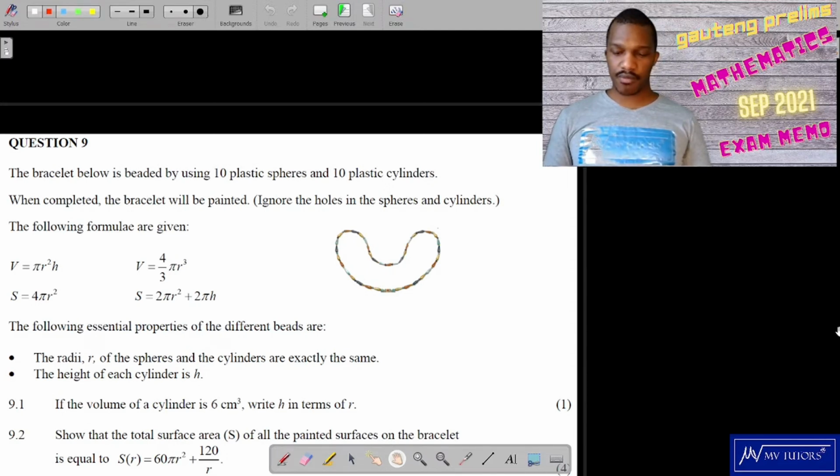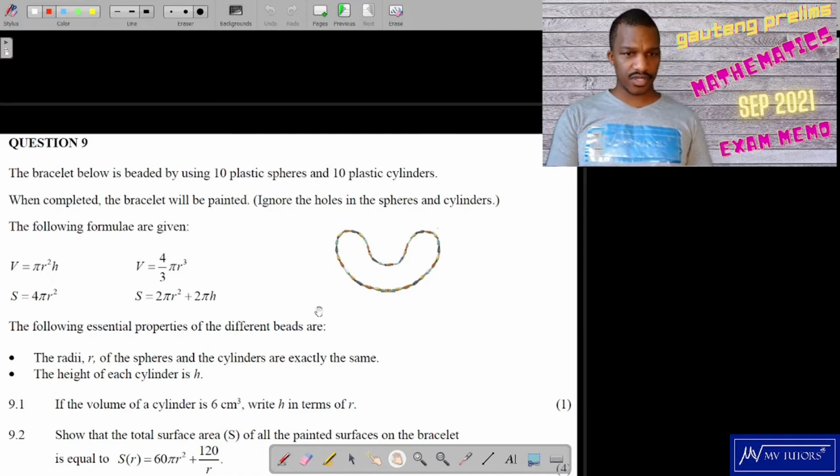We're on question number 9 now. It says the bracelet below is beaded by using 10 plastic spheres and 10 plastic cylinders. When completed, the bracelet will be painted. Ignore the holes in the spheres and cylinders. The following formulas are given.